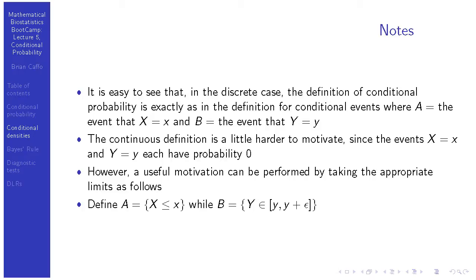The continuous case is a little bit harder to motivate as to why this is the definition. The event that x takes on a specific value or y takes on a specific value has probability 0 for continuous random variables. And so that fails our basic premise from conditional probability associated with events, that the event we're conditioning on has to have probability greater than 0.